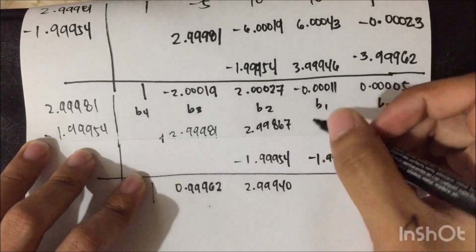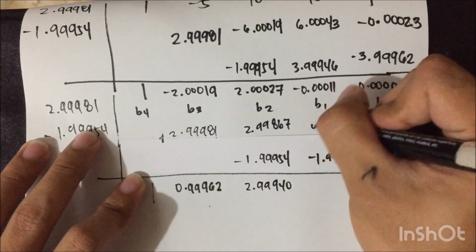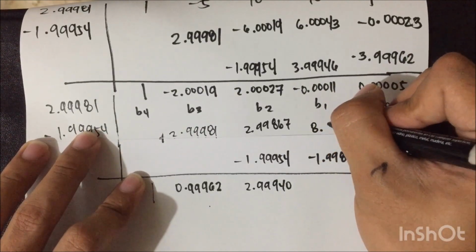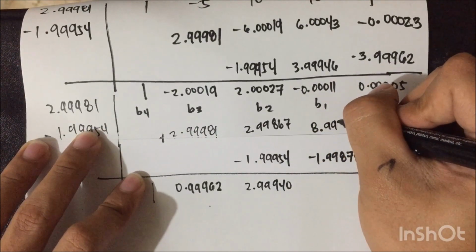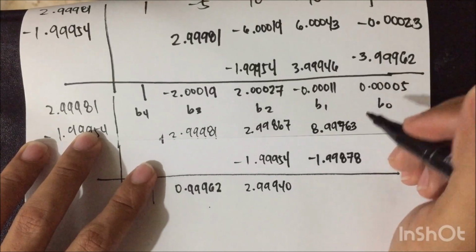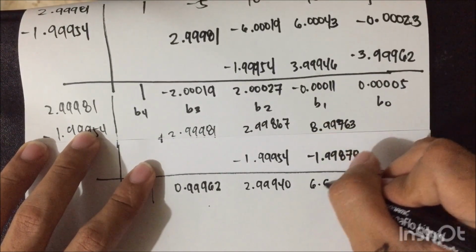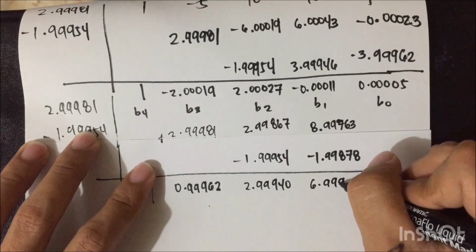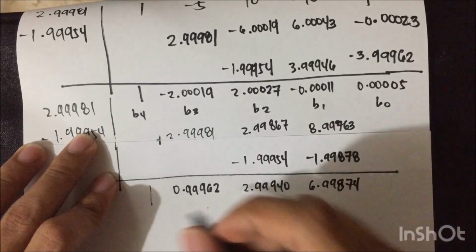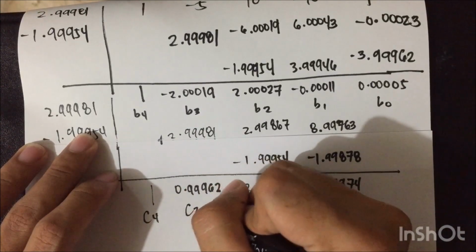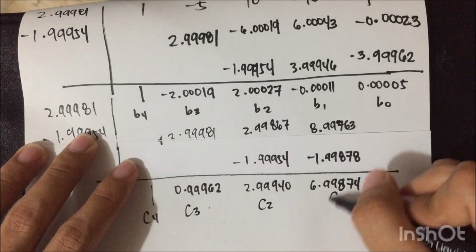Lastly, times the value of R, we have here 8.99763. Lastly, the value of this sum is 6.99874. So we label this again as C4, C sub 3, C sub 2, and C sub 1.